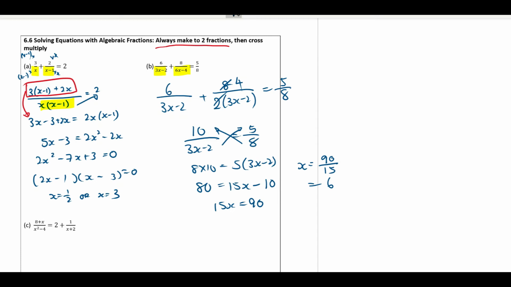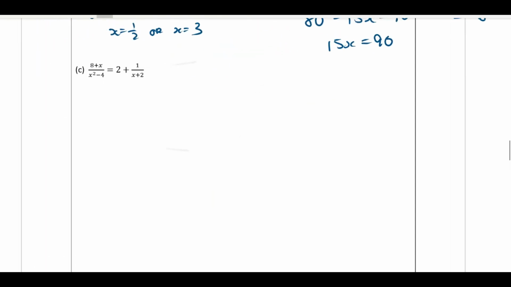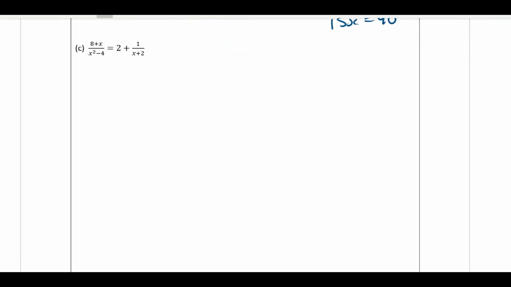Always look for a relationship between the denominators, and actually most of the time the denominators have a relationship. So you look at C, 8 plus x over x squared minus 4, which is x plus 2, x minus 2. Okay, so you realize this guy has a denominator x plus 2. Here, bring the whole thing over.